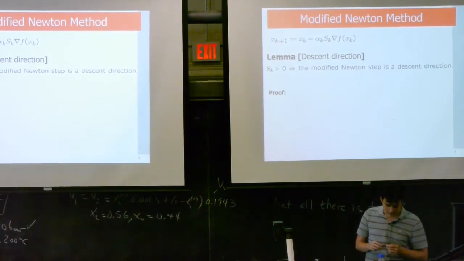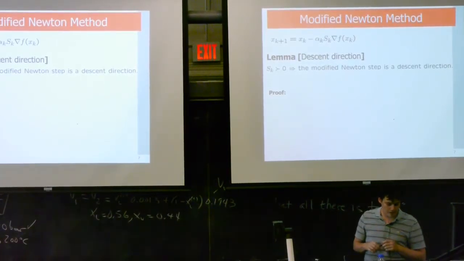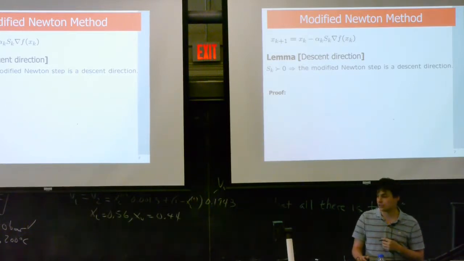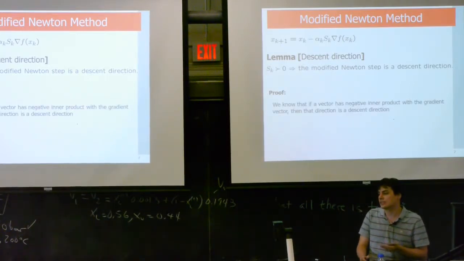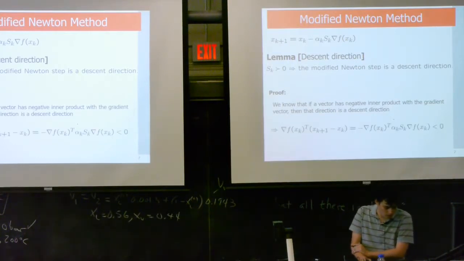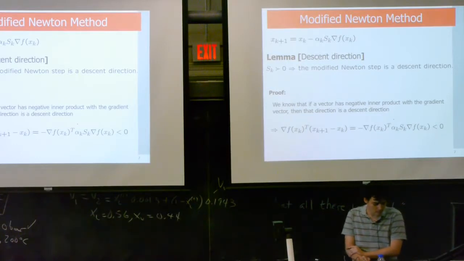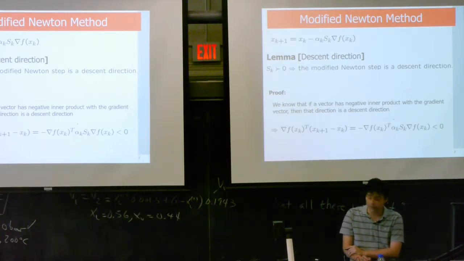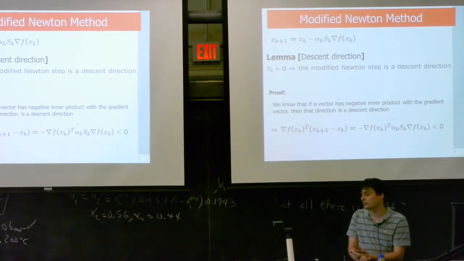One important lemma here is that we can prove if S_k is positive definite, then the direction in which we move is a descent direction. The proof is exactly the same as how we proved that for Newton's method. If it's a descent direction, it means that the inner product of the vector x_{k+1} minus x_k with the gradient should be negative.